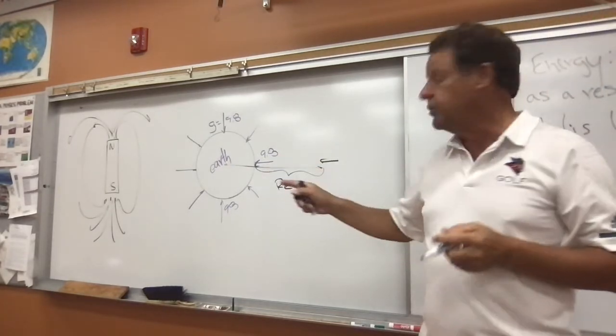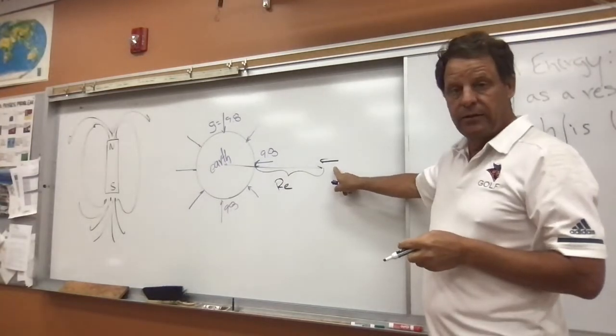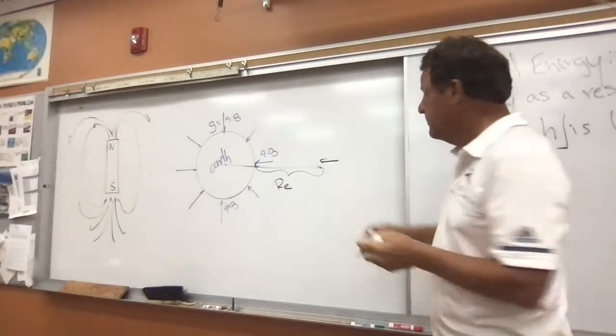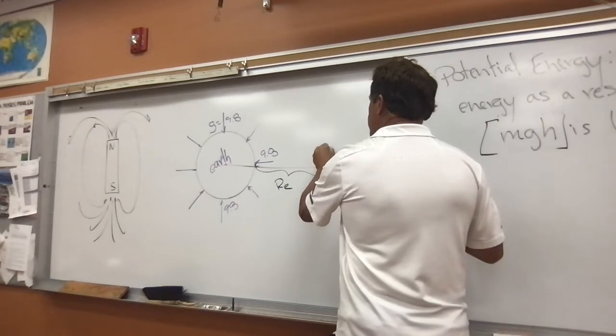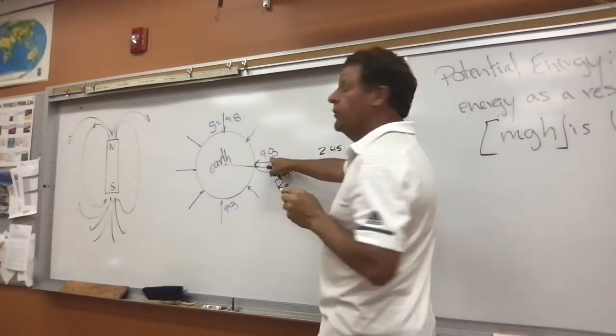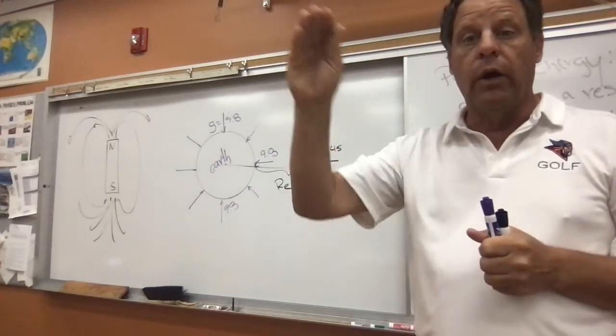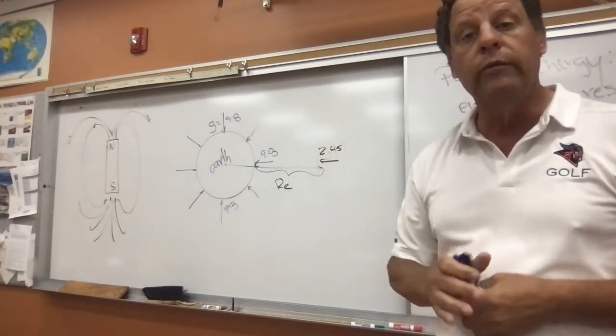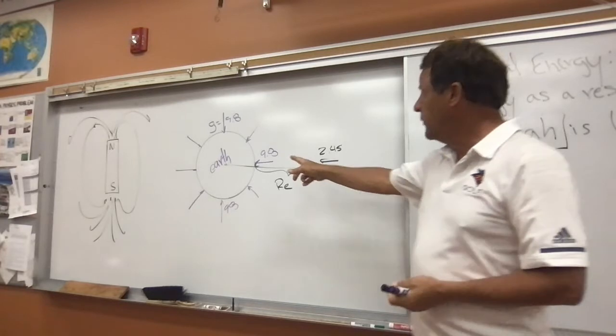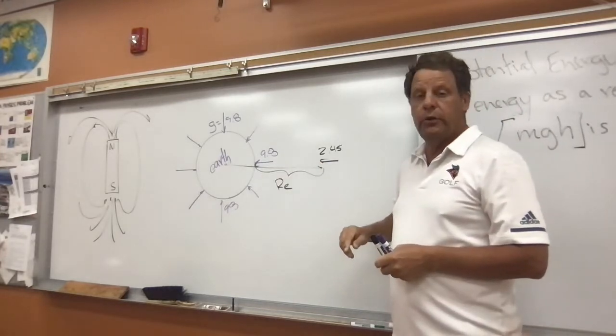But at twice the distance, we're going to have a value of 2.45 versus 9.8. Because of the inverse square law, we're going to have 1 over 2 squared. So it's 1/4 that value.